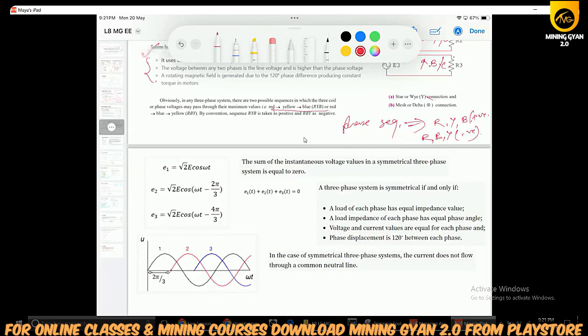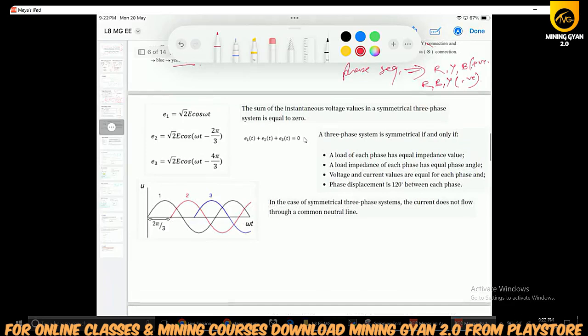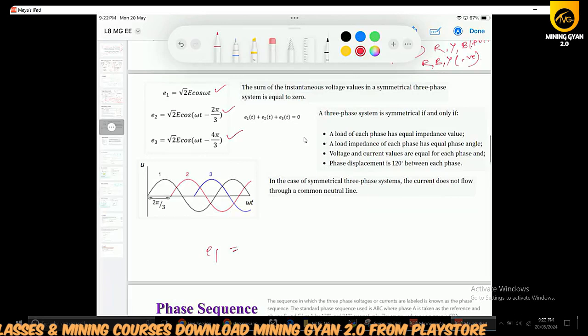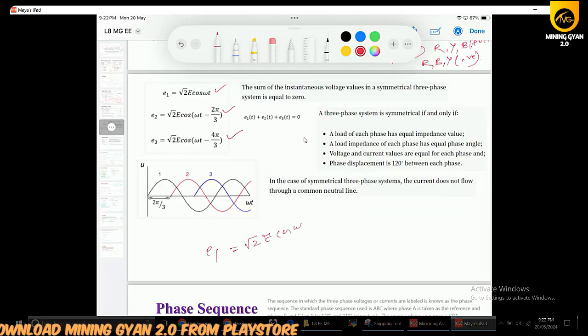They have mentioned RYB as positive phase sequence and RBY as negative phase sequence. Then how to write the equations of E1, E2 and E3? E1 you can take either cos or sine, both are applicable. Root 2 E cos omega t means this will be E1 RMS value at an angle of 0 degree.